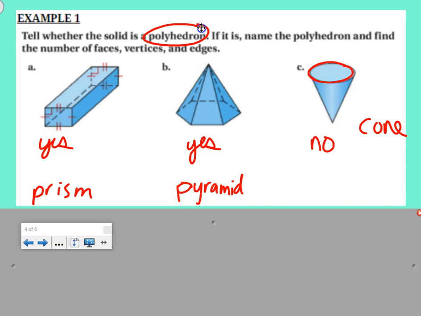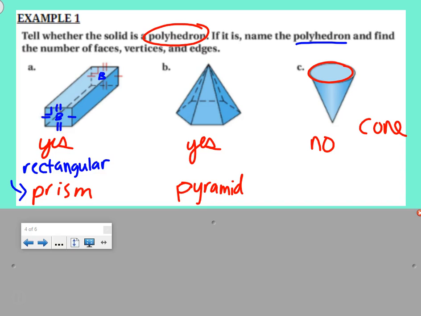If we look at letters A and B, we want to name the polyhedron. This one we know is some sort of prism, but we need to name it by its bases. These 2 sides are the bases, and those are rectangles because we have 90-degree angles and 2 pairs of opposite sides that are congruent. So this would be a rectangular prism.